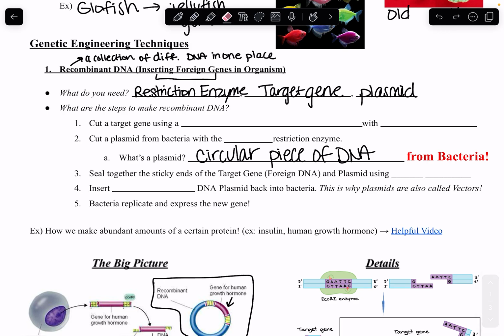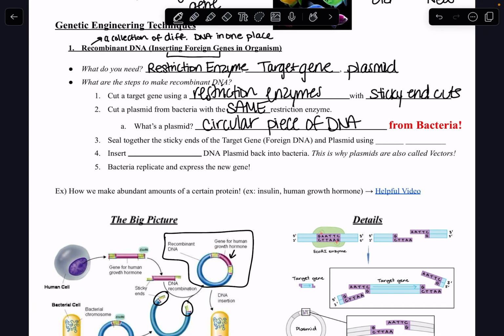So we're going to cut it using the restriction enzyme, from bacteria, with sticky end cuts. We cut the plasmid from the bacteria with the same restriction enzyme, the same pair of scissors.